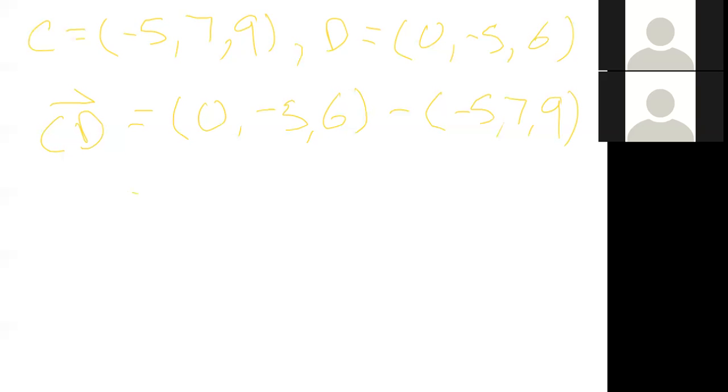So 0 minus -5 will give us +5. -5 minus 7 will give us -12. And 6 minus 9 will give us -3. But the question also says he wants it in the form A1i plus A2j plus A3k. So we'll have it in the form 5i minus 12j minus 3k.